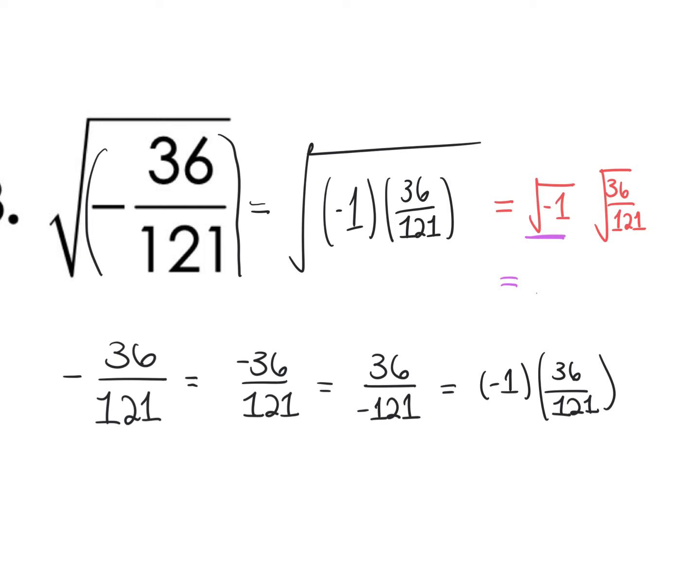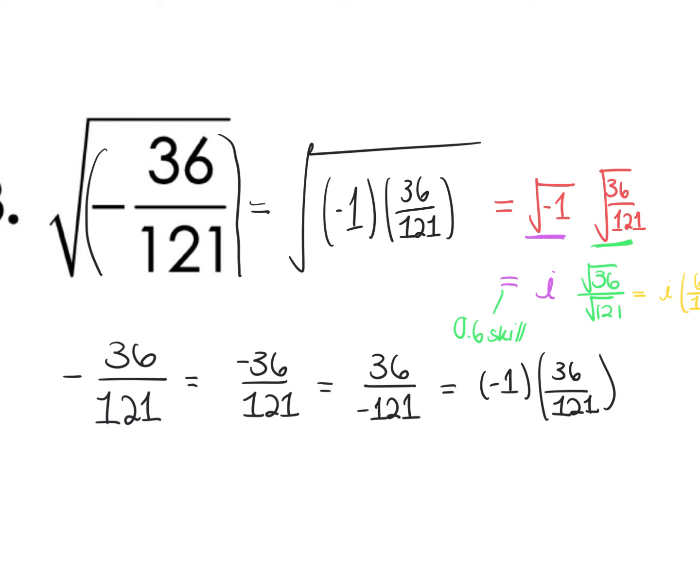The square root of negative 1 is i. The square root of 36 over 121 is technically the square root of 36 over the square root of 121. And then we will rewrite this as i times 6 over 11.